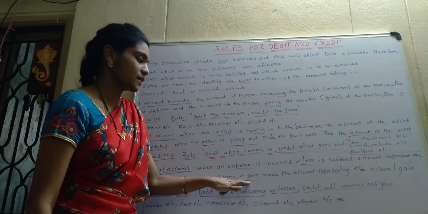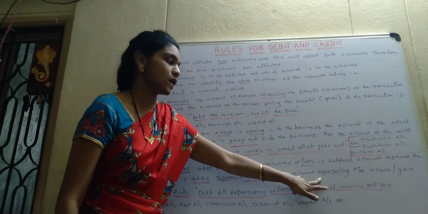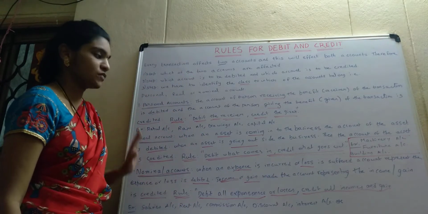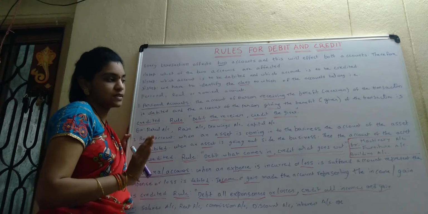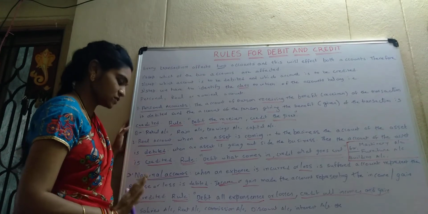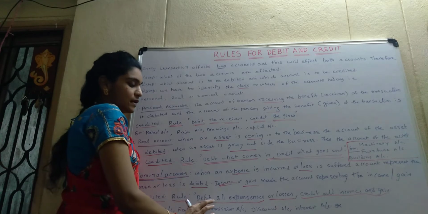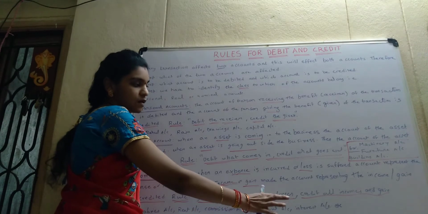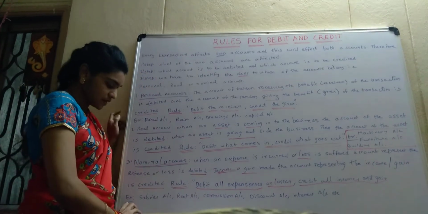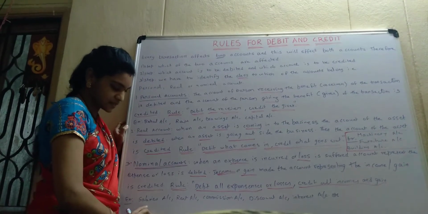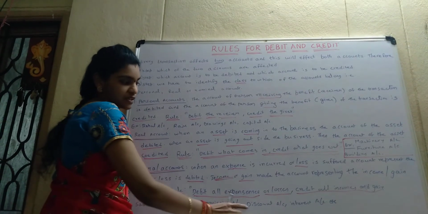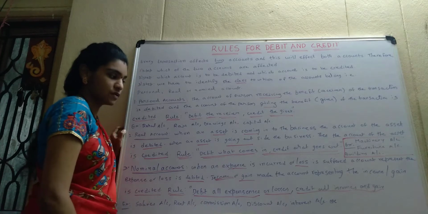If income or gain is made, the account representing the income or gain is credited. What is the rule? Debit all expenses or losses, credit all incomes and gains. Examples: salary, rent, commission, discount, interest.